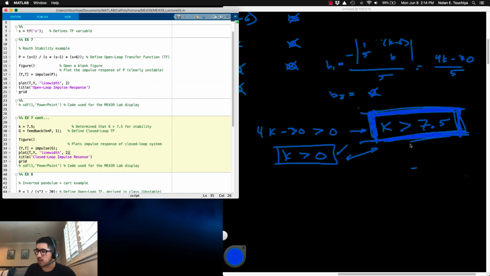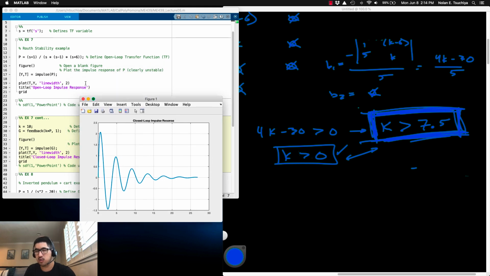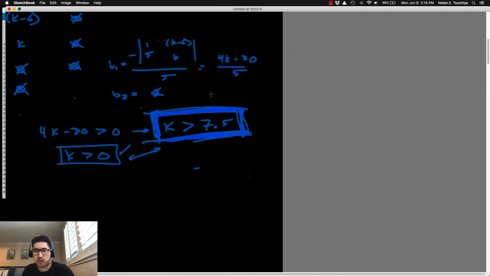So this analytical computation of the critical value of K using the Routh table is what generated our control scheme for this particular system. I know that K has to be greater than 7.5 in order to guarantee a stable system, and that's now validated using a numerical program like MATLAB. We've picked up a bunch of stuff regarding stability.